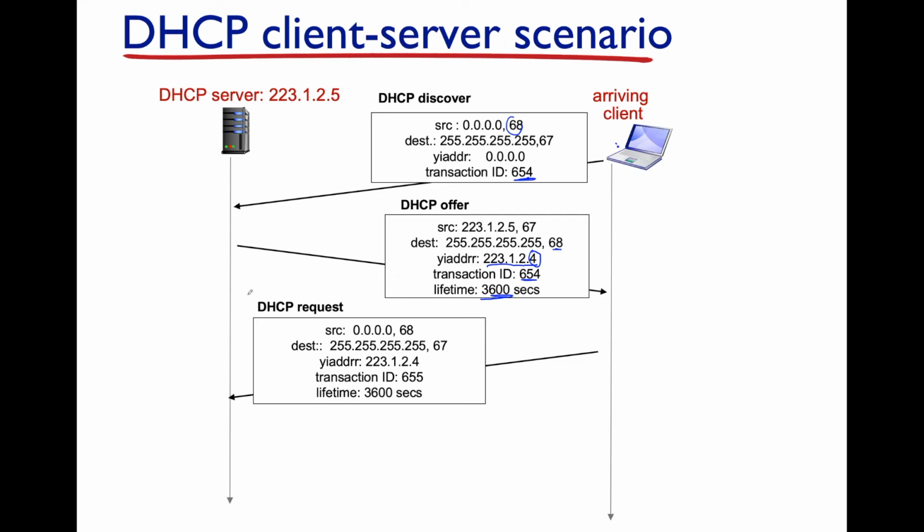Okay, again, the source IP is all zeros, the port number 68, the destination address is that broadcast destination address, and again, it's port 67, right? This DHCP server is listening in on port 67. So it gets that, and it says your internet address, because when I say I'll take it, well, the DHCP server needs to know, what is it you're trying to take?